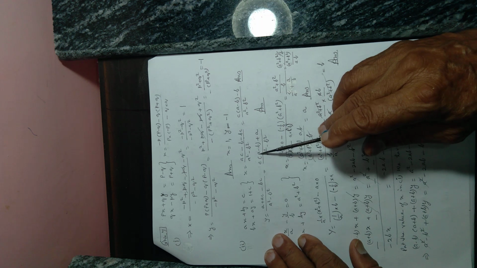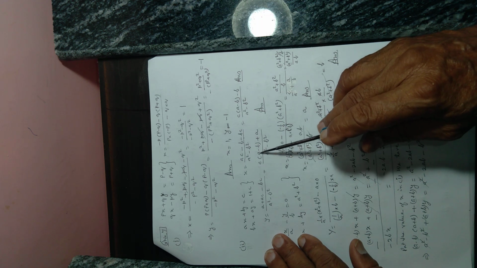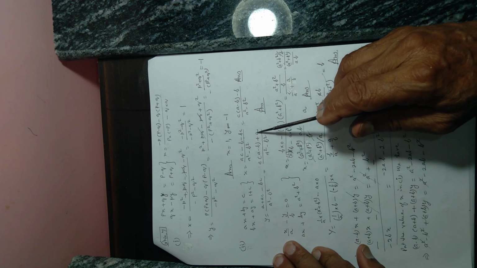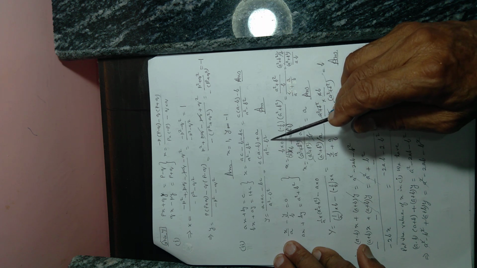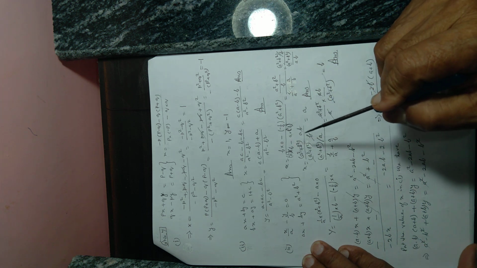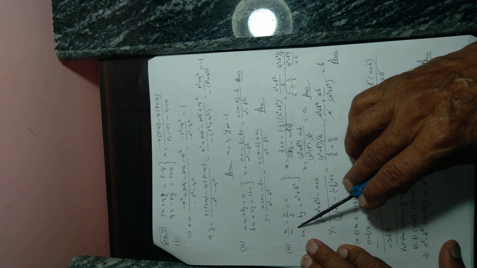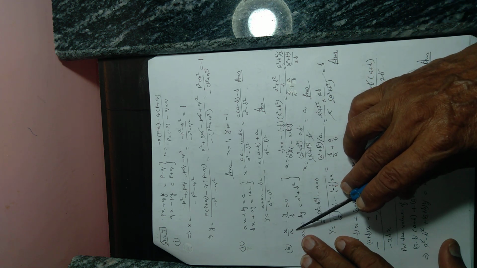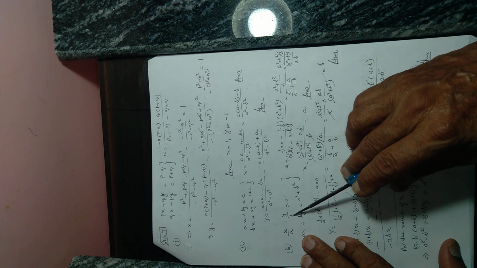So take out the c common, and we will get inside the bracket (a - b) plus a, whole upon a² - b². This will be the answer for the second part. Now proceed for the third part. You see x upon a minus y upon b.